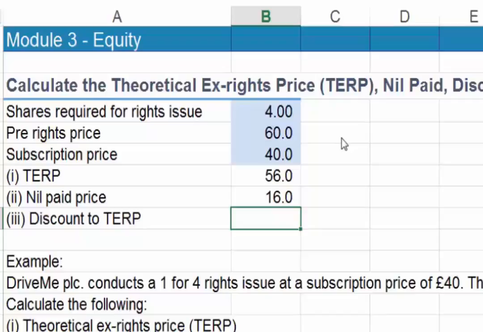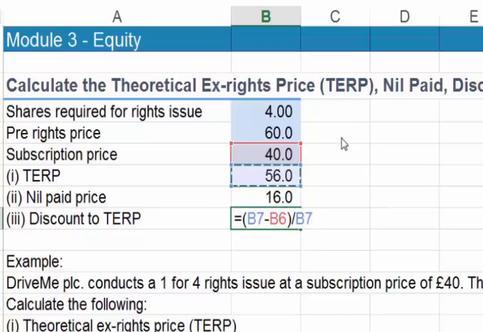To calculate the discount to the TERP, that's a percentage amount, we have to solve for what discount we got from the TERP. So we would open brackets and say that's the TERP minus the subscription price. Effectively, it's the nil paid value. Then to put that £16 discount in percentage terms, we base it on a common denominator of the TERP.